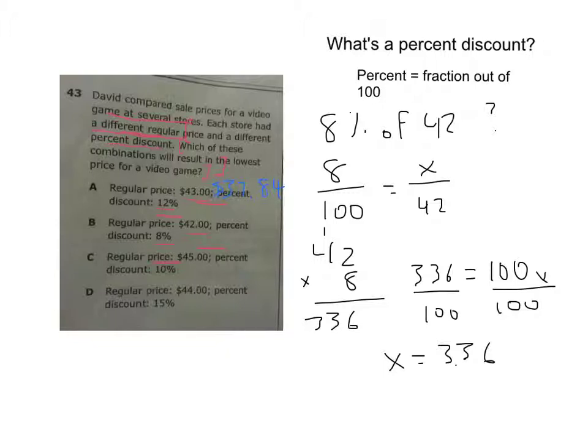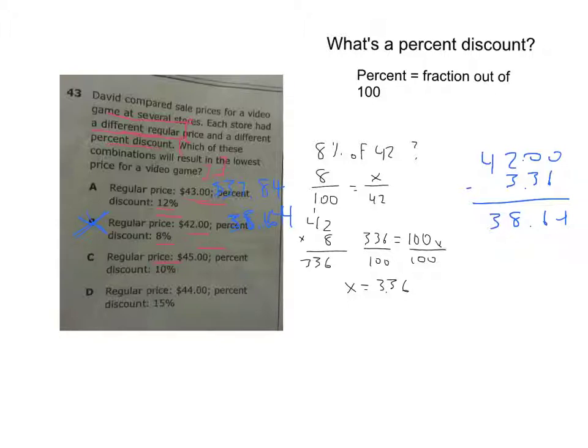And so 8% of 42 is 3.36. So we just take that off of 42. And $42 minus $3.36 is going to be $38.64. So let's put that here. So already we know that choice B is not the cheapest amount, so we can go ahead and get rid of that choice.